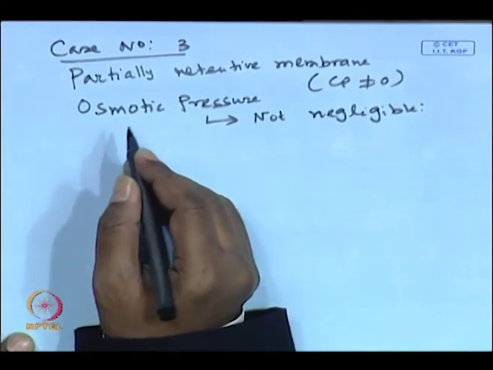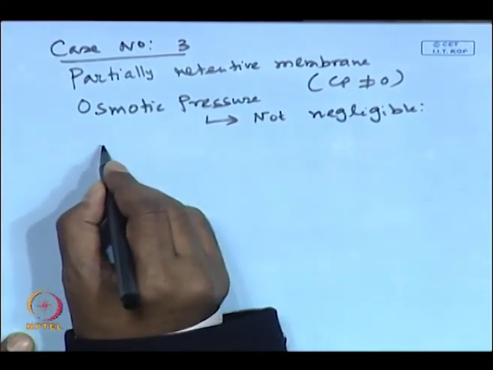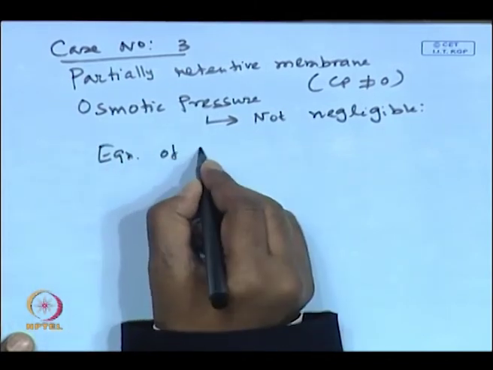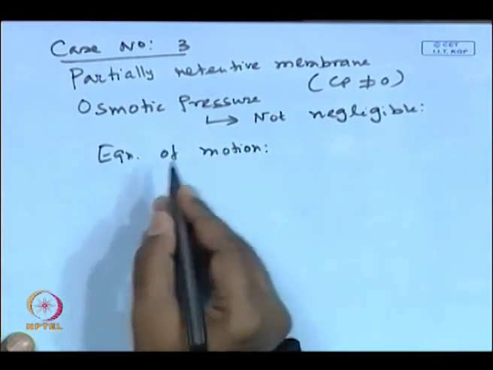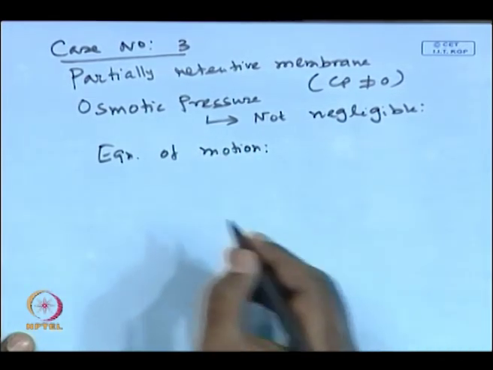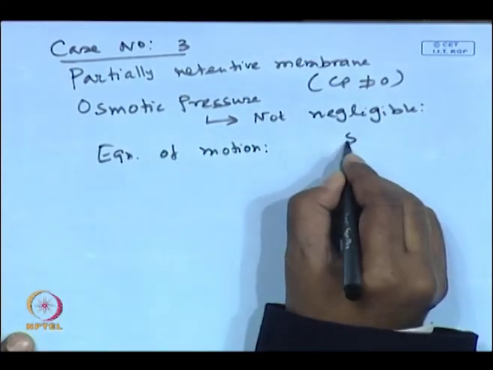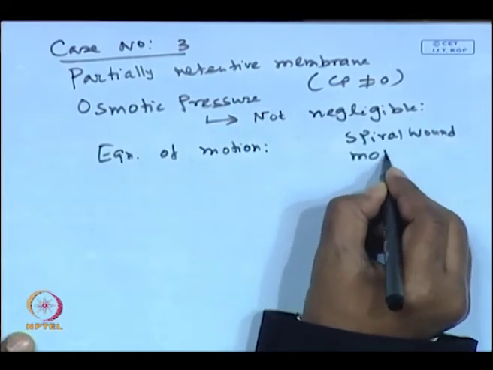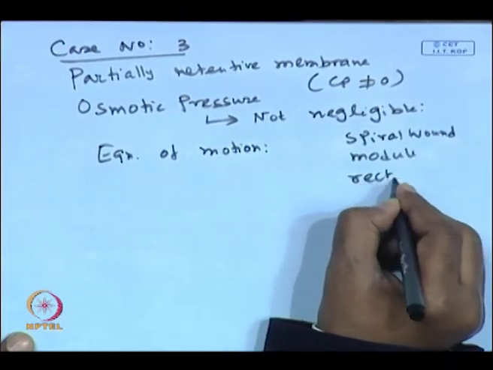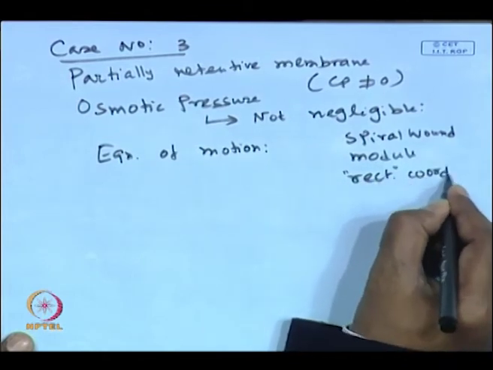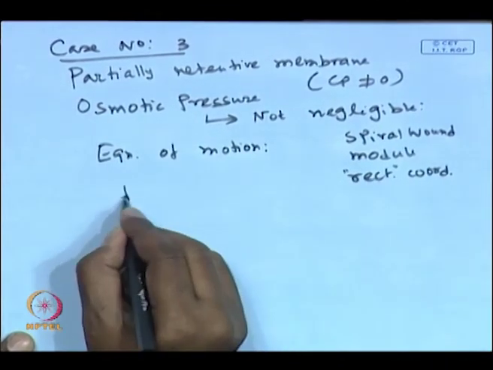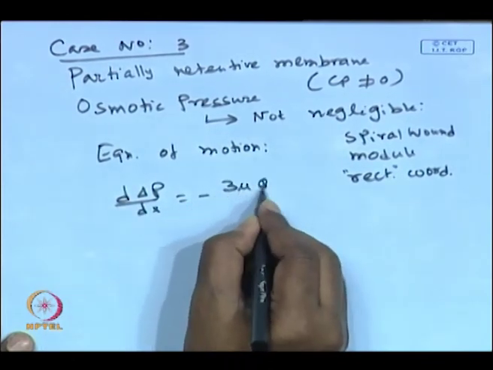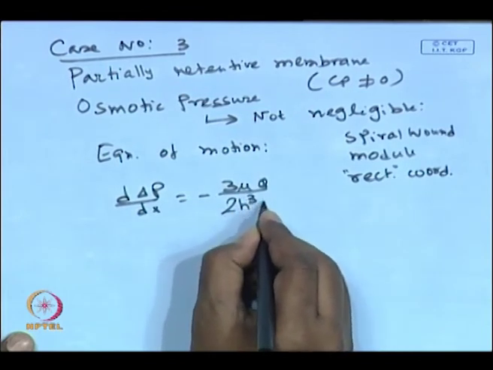So, Navier-Stokes equation, and that will give the equation of motion. Let us do it in a spiral wound module. The first thing we are going to do for the spiral wound module is use rectangular coordinates. Okay, d delta P dx becomes minus 3 mu Q divided by 2 h cube by w.